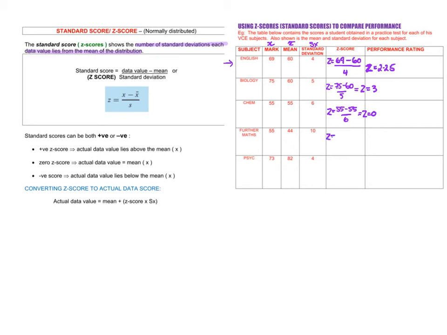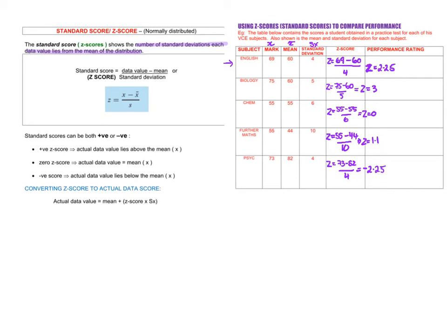For further maths, it's 55 minus 44 over 10, so I get a Z-score of 1.1. And this last one is 73 minus 82 divided by 4, which ends up being negative 2.25.